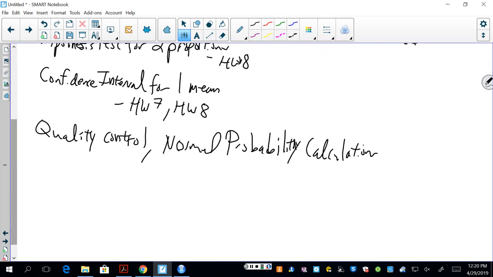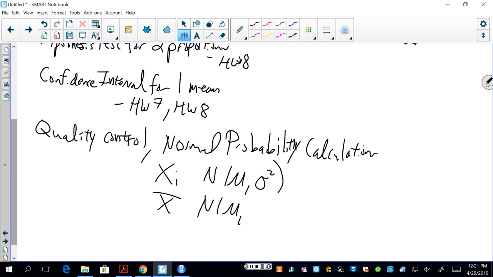So one part of this is putting something together. You've got some data, say x_i's that are normal with some mean and some variance. What does the distribution of x bar look like? You're taking an independent sample. You're going to take the average of those. Well, the average of the independent sample is normal with mean mu and variance sigma squared over n.